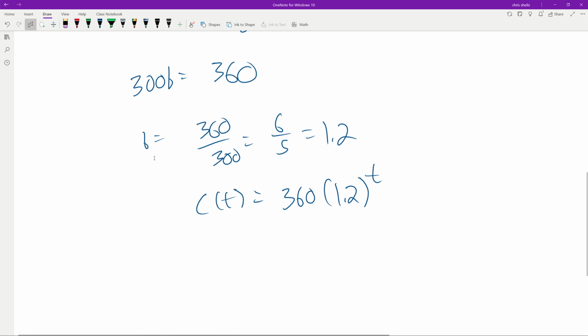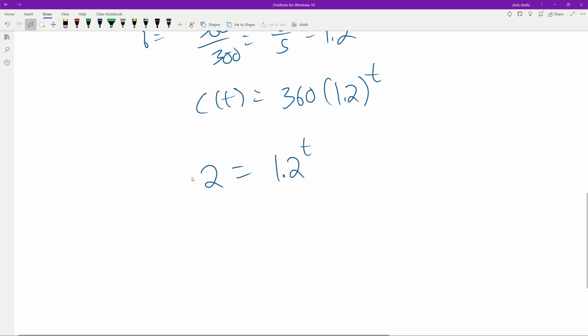If I want to find doubling time, then I just want to set 2 equal to 1.2 to the t power, right? I just want 2 equal to b to the t. Taking a logarithm of both sides, I get natural log of 2 is equal to natural log of 1.2 to the t, or I can go ahead and use my exponent rule, t times natural log of 1.2.